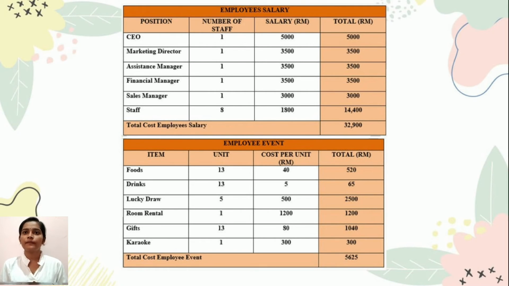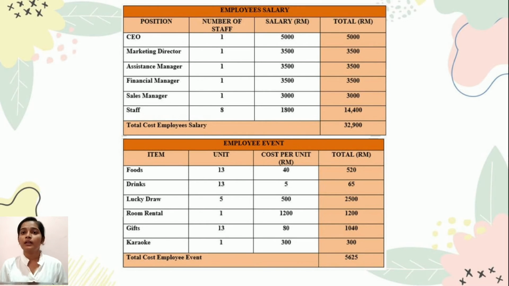For employee events, food cost per unit is 40 ringgit times 13 units, we get 520 ringgit. Then for drinks, cost per unit is 5 ringgit times 13 units, we get 65 ringgit. And for lucky draw, 500 ringgit times 5 units, we get 2,500 ringgit. For room rental, cost per unit is 1,200 ringgit times 1 unit, we get 1,200 ringgit.